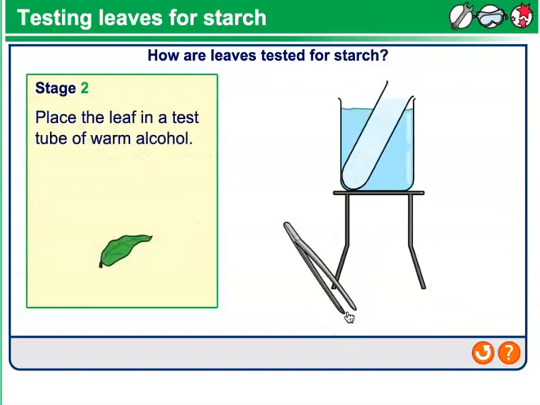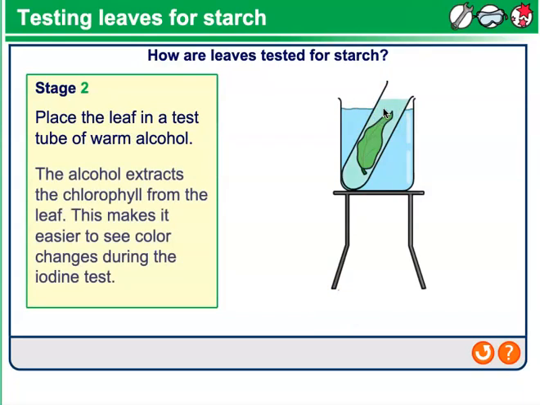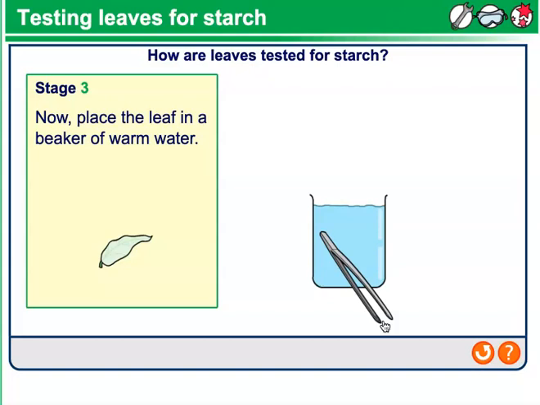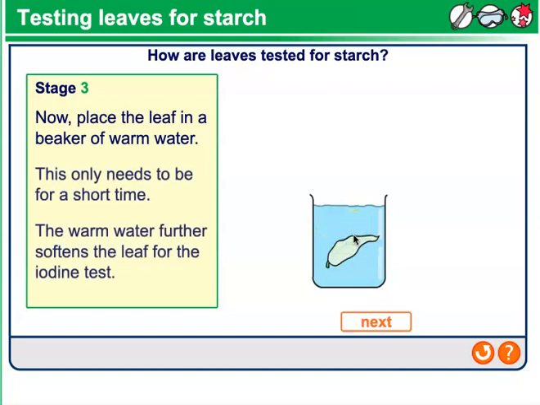Stage 2, we're going to place the leaf in a test tube of warm alcohol. And the alcohol will then extract the chlorophyll from the leaf. This makes it easier to see color changes during the iodine test. Stage 3, we're going to place the leaf in a beaker of warm water. This only needs to be for a short time, and the warm water will further soften the leaf for the iodine test.